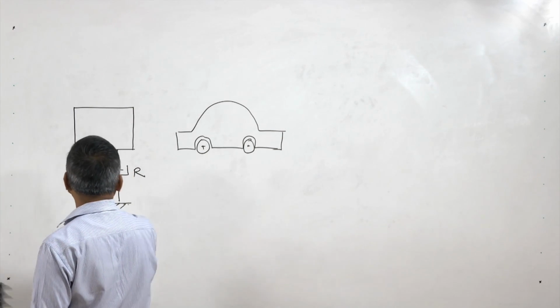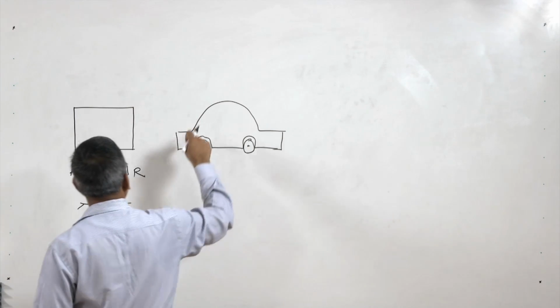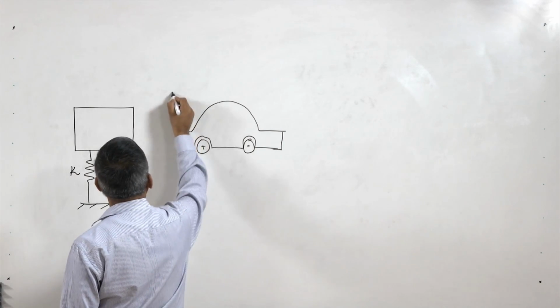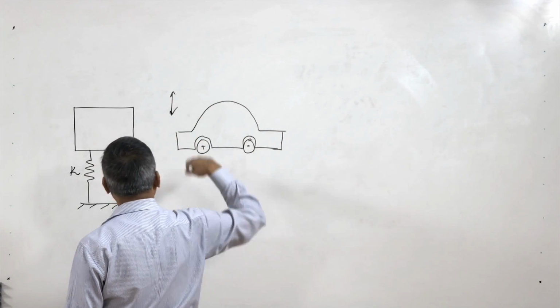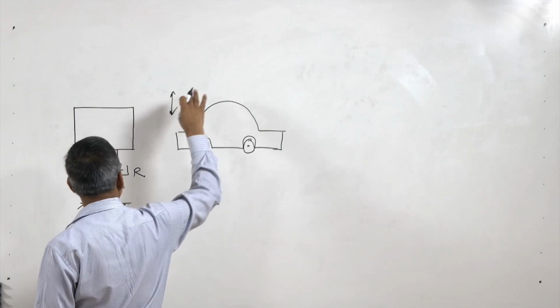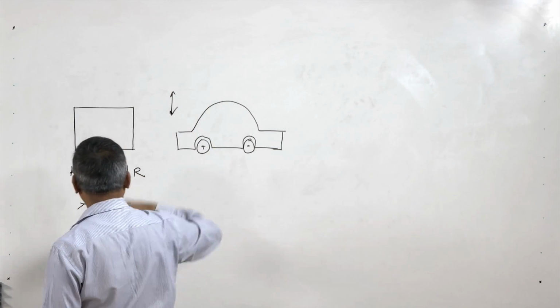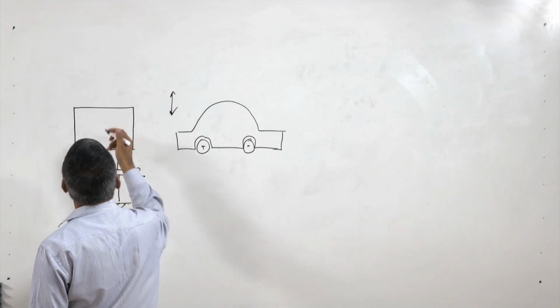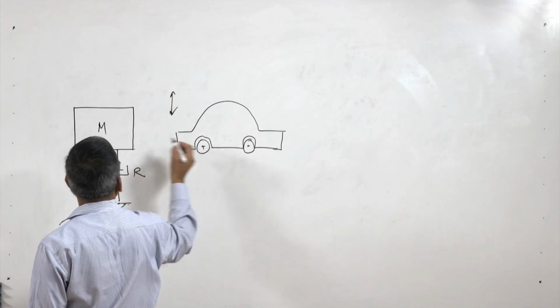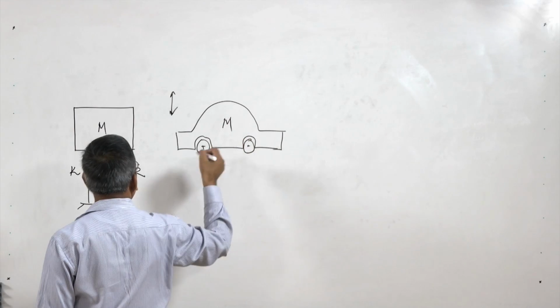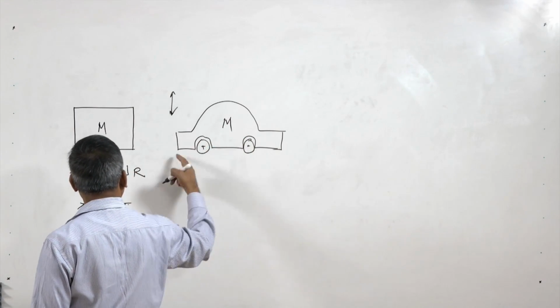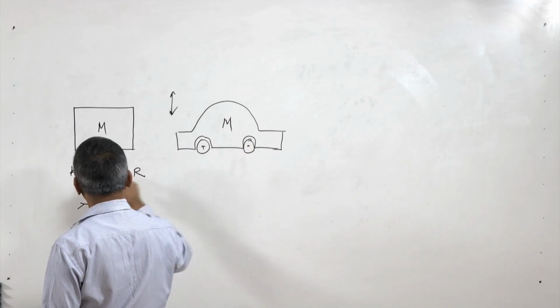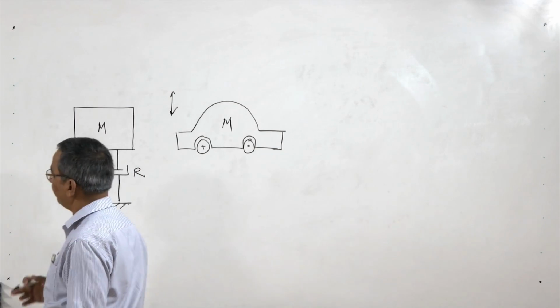From here I can simulate this system equation if I am interested in knowing the behavior of this car for the vertical motion. So this is the mass M, and the suspension system is represented by the spring and damper.